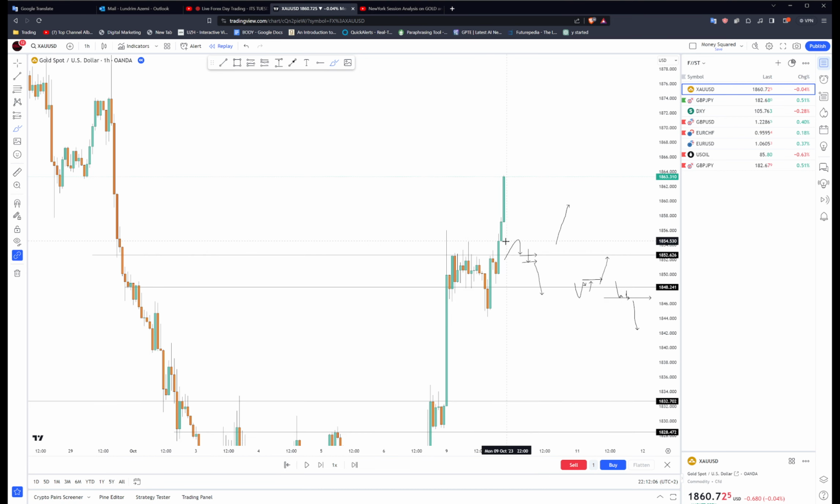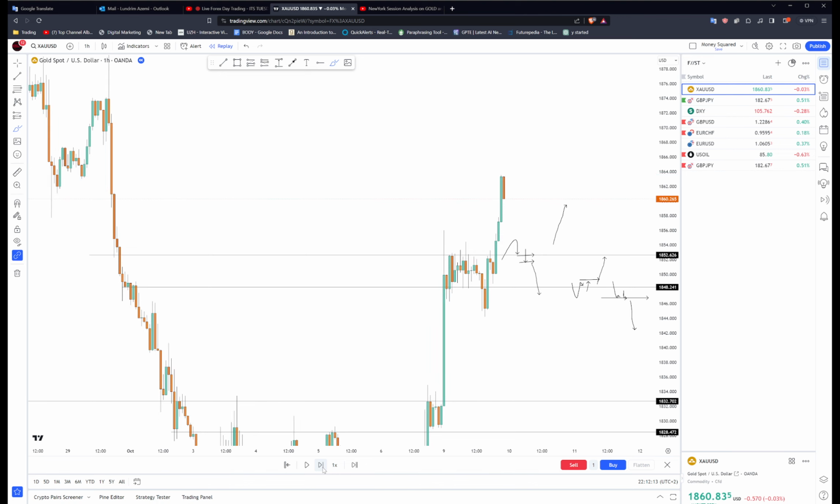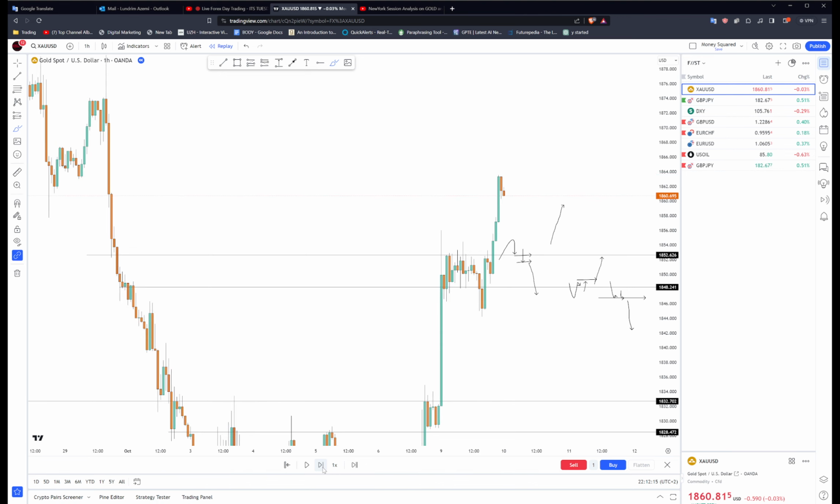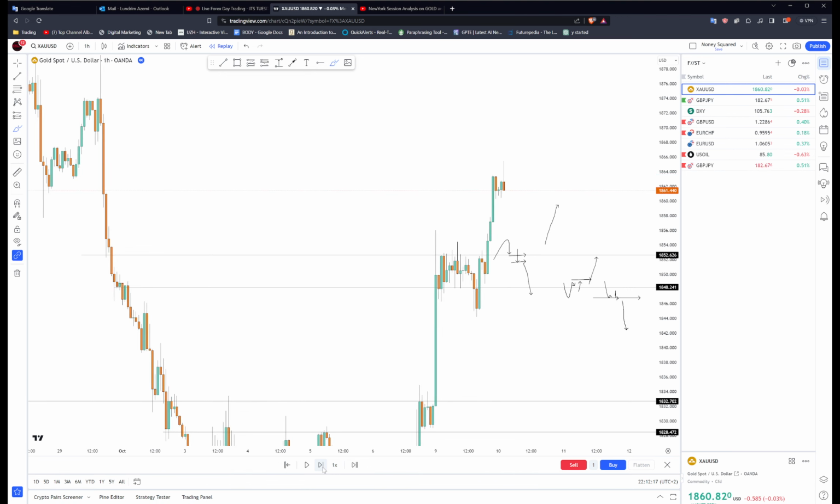But when this happened, it happened at 8 p.m., 9 p.m., which is very late, probably because of the news. And then they saw that it's not that bad, and then the news started to retrace back inside the range.